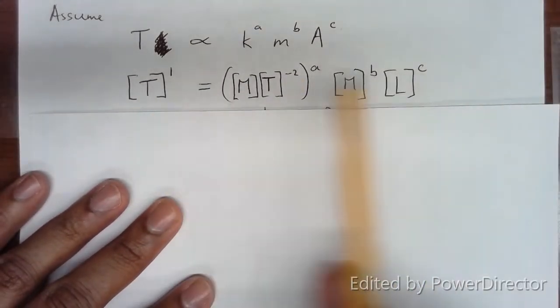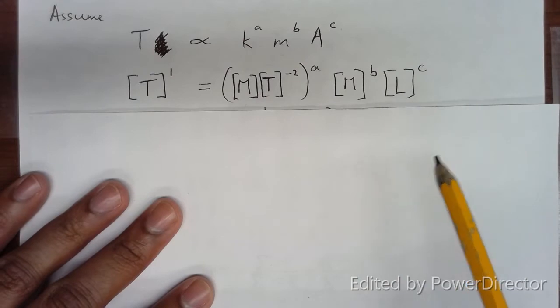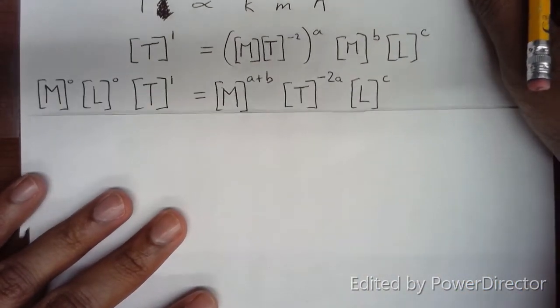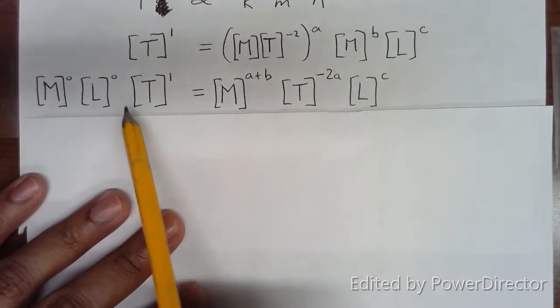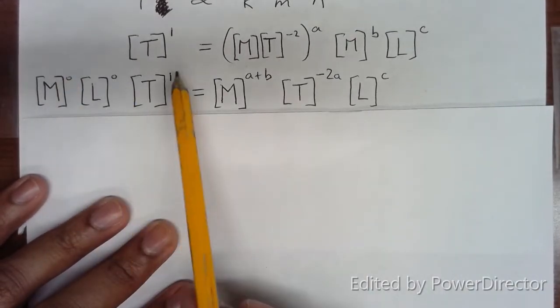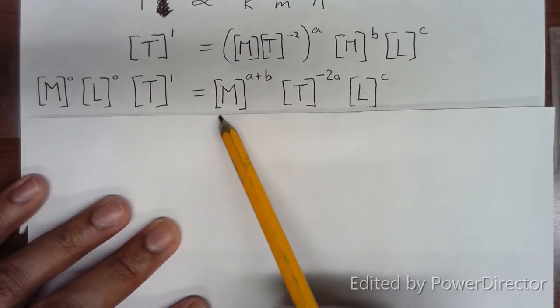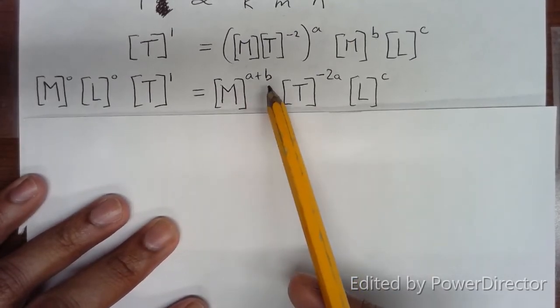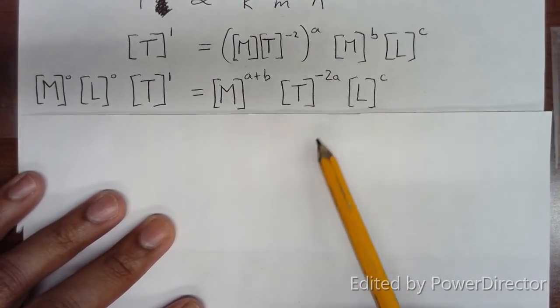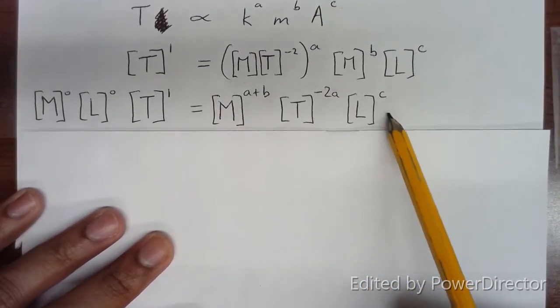But the dimensions on both sides need to match up. In other words, units need to match up. So on the left-hand side, we have mass to the 0, length to the 0, time to the 1. And on this side, we have mass to the a plus b, time to the -2a, length to the power c.